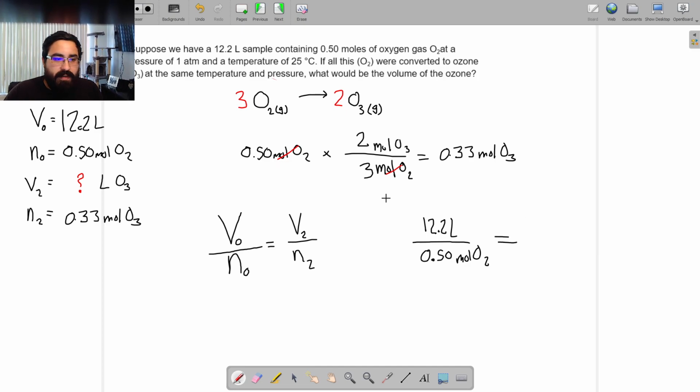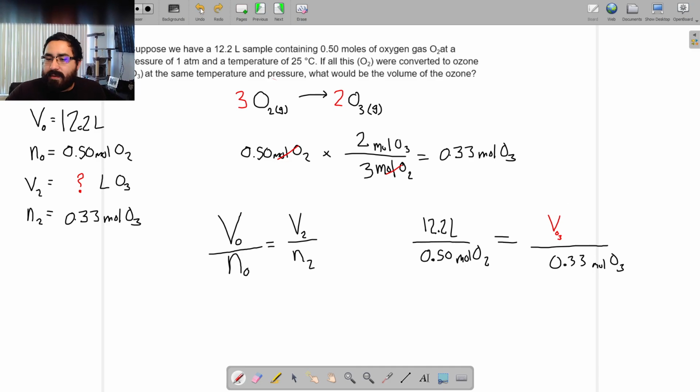We'll just call it V2. Or you can be more specific. You can say V of O3, the volume of ozone. And then underneath, you can put the moles of ozone, 0.33 moles of O3.